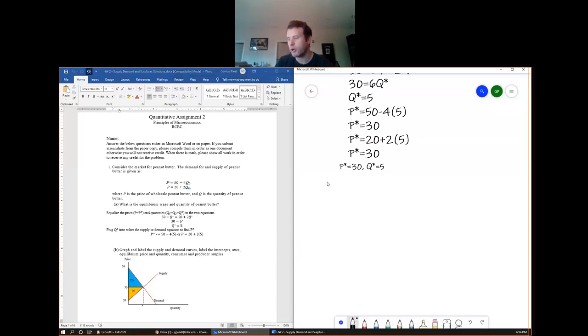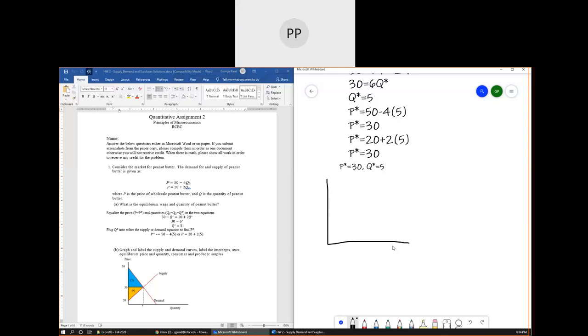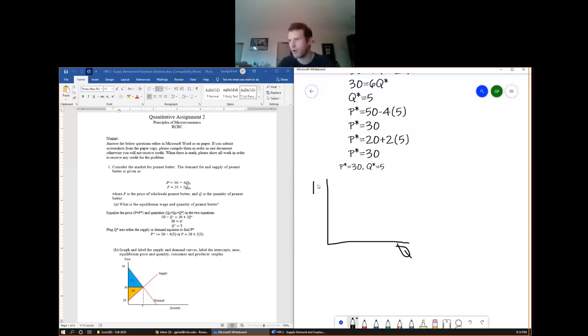So, Paulina, if I have a graph like this, what goes on the x-axis over here? X is horizontal, but what do I label it with? Quantity, yep. So the price will be the y-axis.